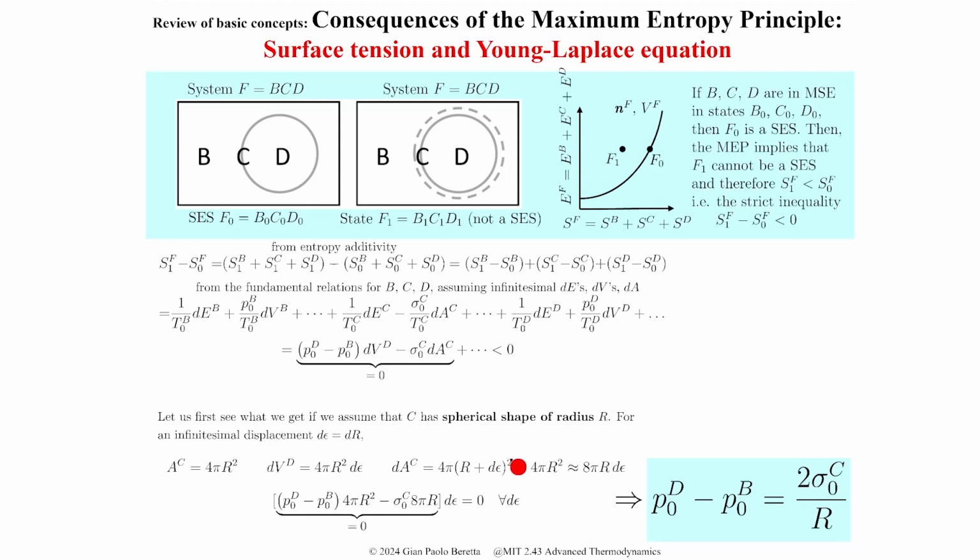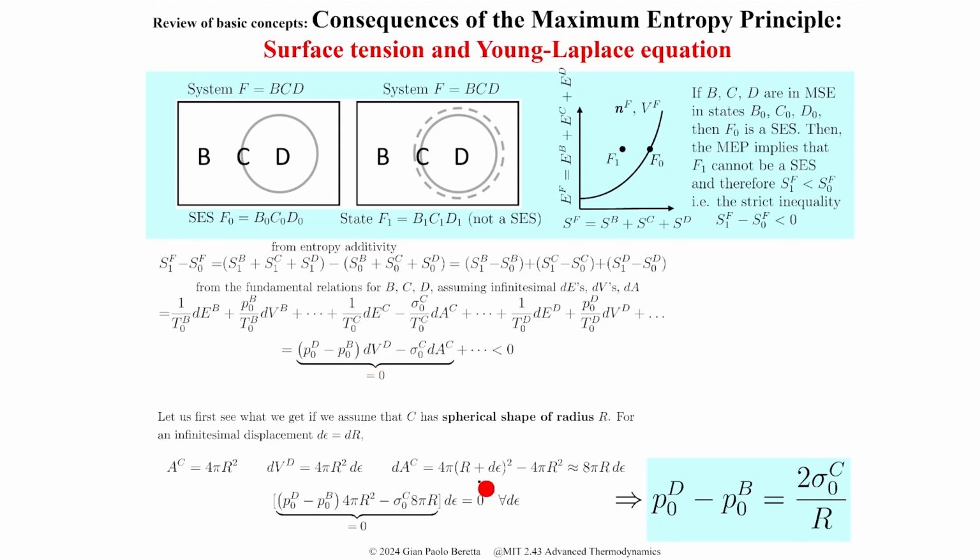And if I forget about the epsilon squared, because it's small with respect to the other terms, one of these cancels with that, and I'm left with 8 pi r epsilon. And this is the change in area that I put here.